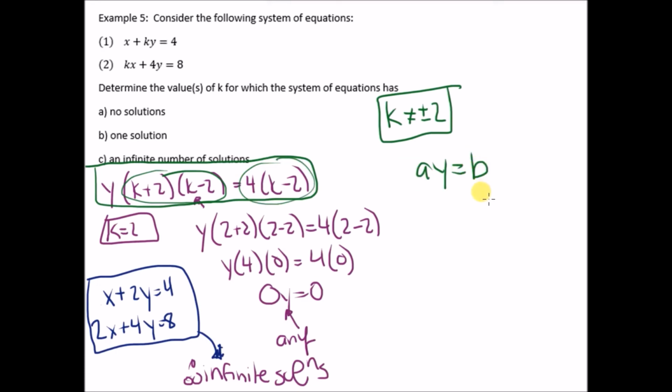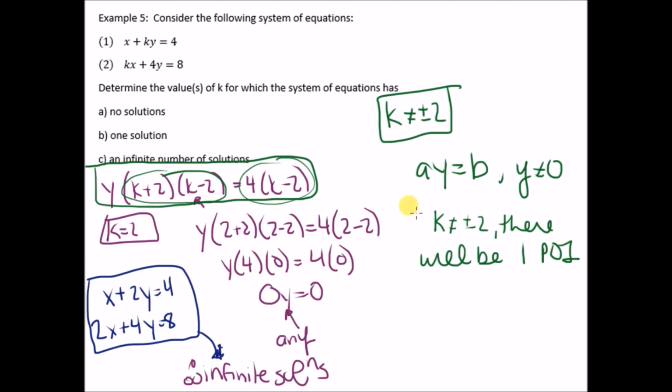When ay equals b, as long as a does not equal 0, we end up with one point of intersection. So we can say that as long as k doesn't equal plus or minus 2, there will be one point of intersection of these two lines.